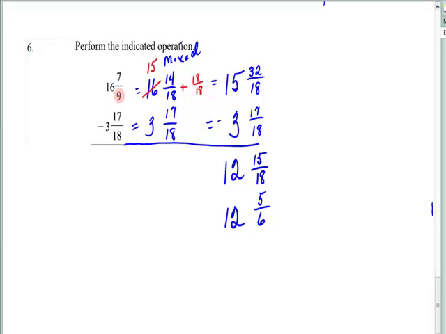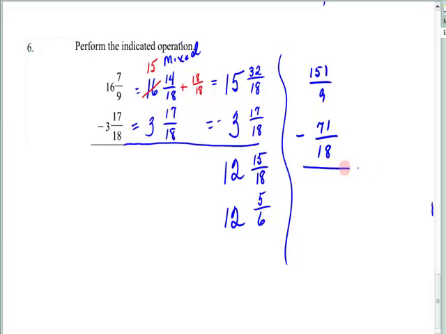Let's see. I've got 9 times 16 plus 7. So I'm going to start out with, and I guess I've got room right here, 151 over 9, and I'm going to subtract 18 times 3 plus 17, 71 over 18.